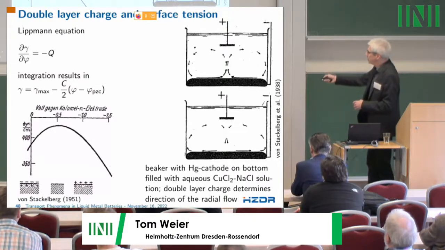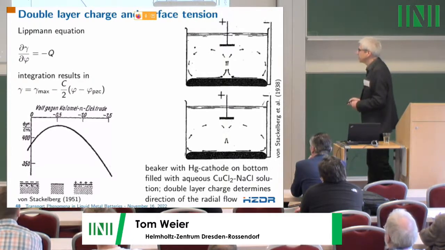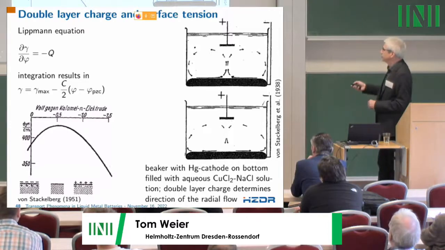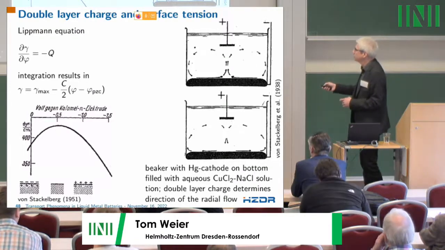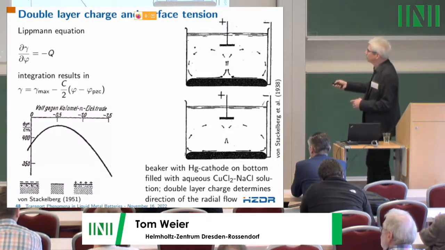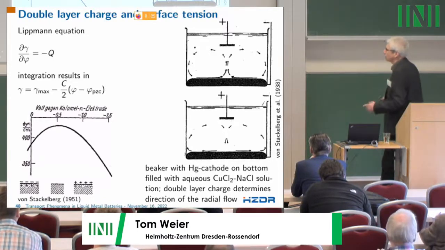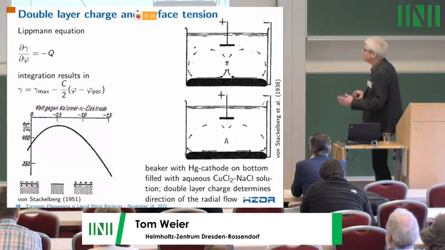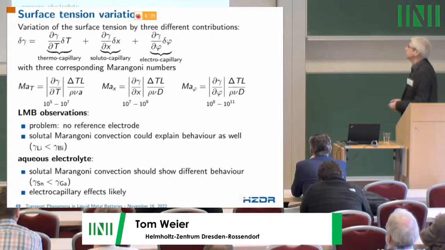Only if the interface is uncharged will it have its maximum value of interfacial tension. So by this way, should you have a potential gradient along the interface, you would drive, depending on where you are on this graph, a flow inwards or outwards. This could explain something, but it's not the only effect.